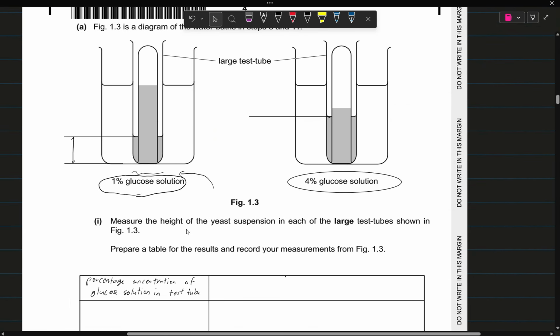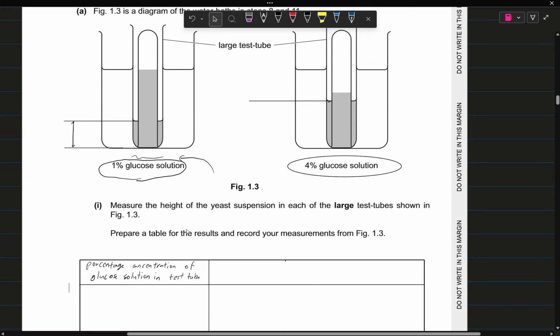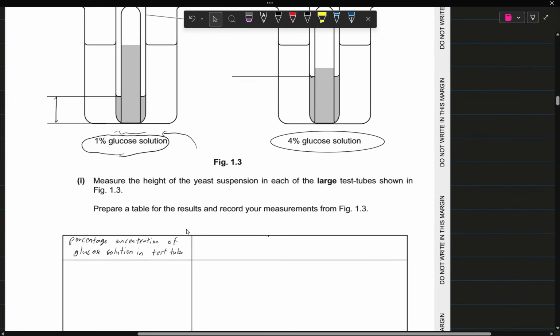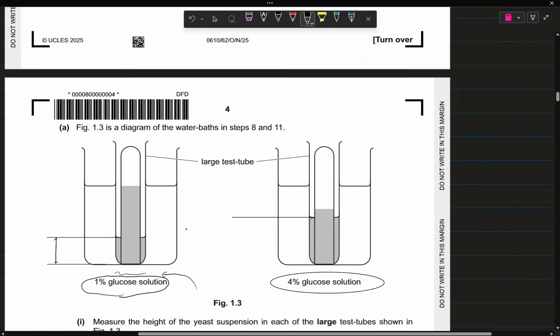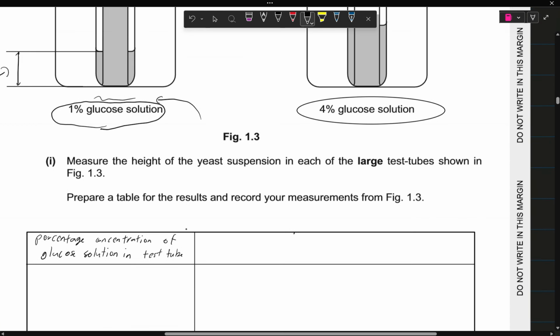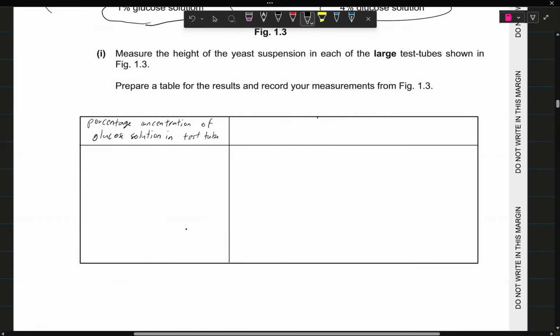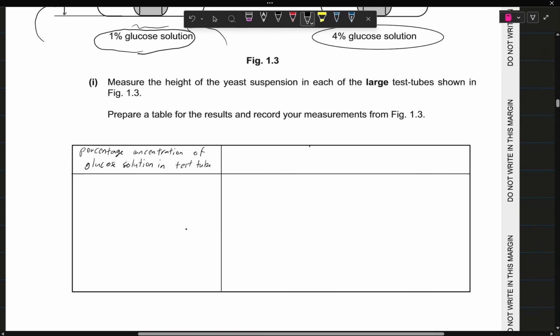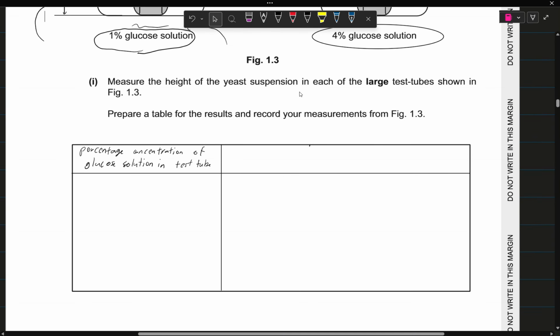So we have the height that we want to assess. So the height here, supposedly this height, the height of the used solution in the larger test tube. That would be in centimeters probably. Centimeters or millimeters, either. It really depends on you.